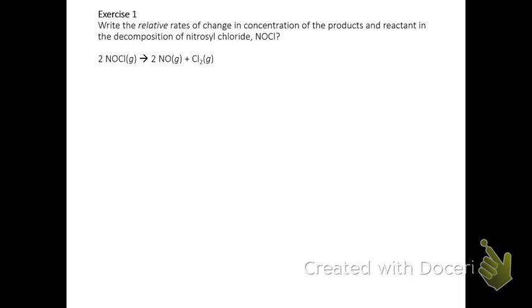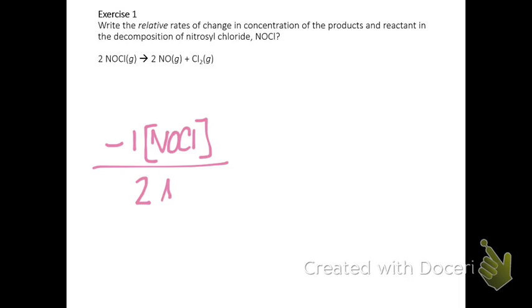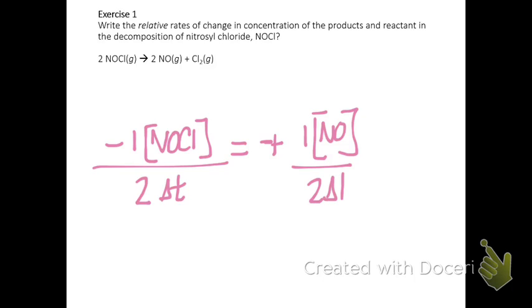Okay, so we know the coefficient, so it's going to be -1 over 2 times the change in concentration of NOCl over delta t, which is equal to positive 1 over 2 times the change in concentration of NO over delta t, which is equal to positive change in concentration of Cl2 over delta t.